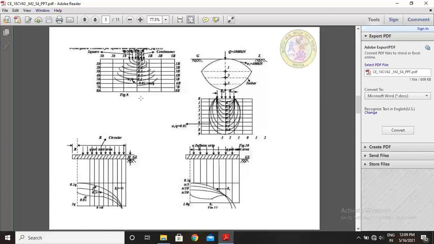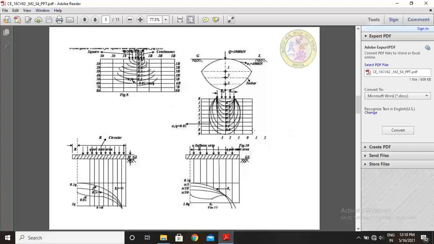So from this figure, if the load is increased at the depth of the footings, the stress is also increased. Means 50% stress is developed on the left side and 50% on the right side, in terms of semicircle concepts.